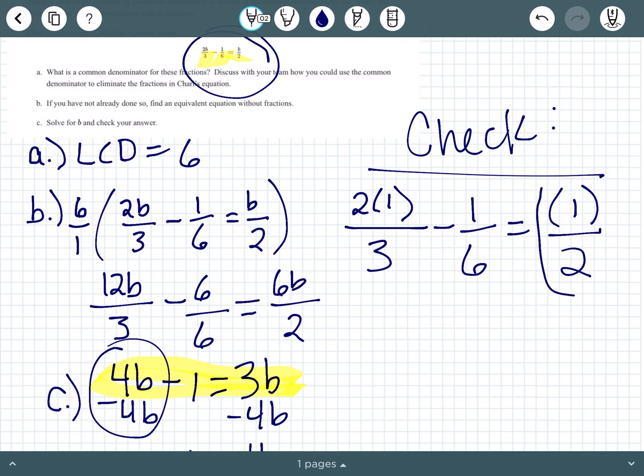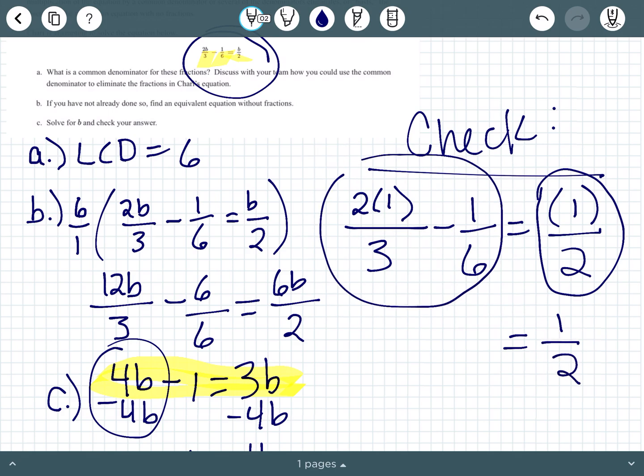Now, this can't be simplified any further. So if we did our math correctly and we put all of this into the calculator exactly as it's written, we should end up with 1/2 equals 1/2. That confirms that our solution is correct.